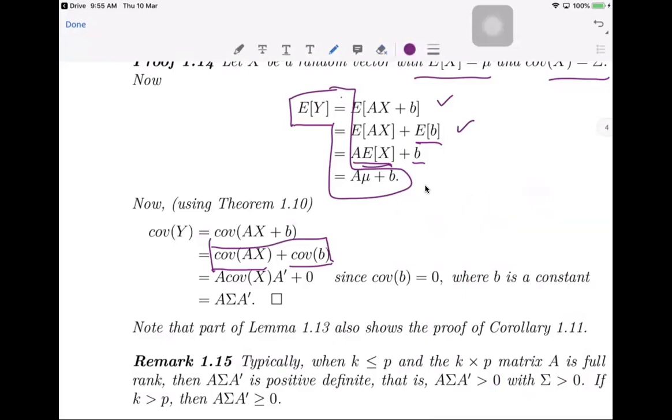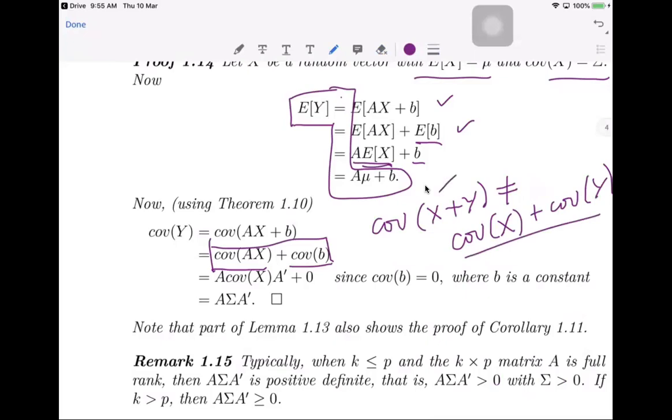For example, the covariance of X plus Y is not necessarily equal to the covariance of X plus the covariance of Y. This is not true whenever there are no set assumptions on X and Y. But you can do it here because B is just a constant.